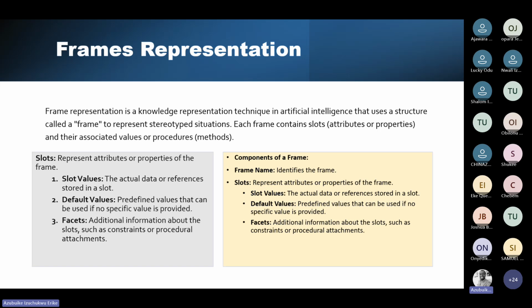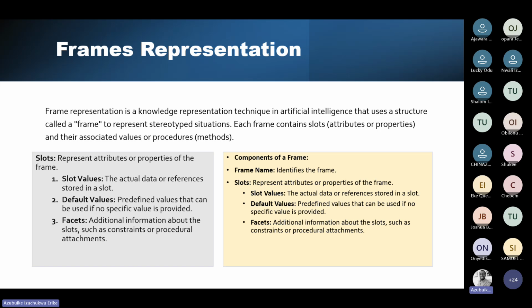In each frame, there will be slots, which we can tag as attributes and properties, and their associated values or procedures, which are called methods. Now, inside of this frame, we'll have the slots. Let's look at the slots. The slots represent attributes or properties of the frame.